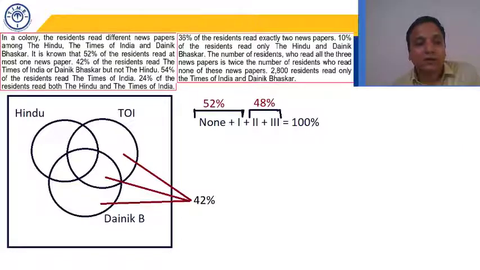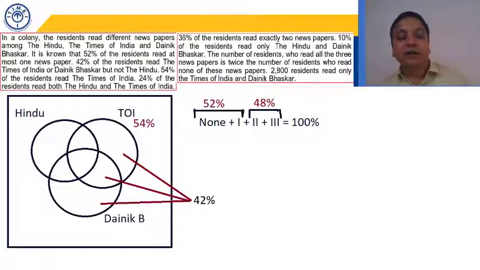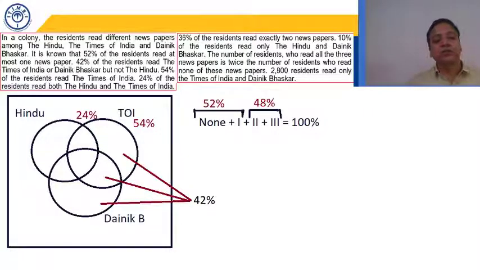Further, 54% of the residents read the Times of India. So 54% comes in the Times of India. Sure, we mark 54%. 24% of the residents read both the Hindu and Times of India. So 24 comes in this particular region common to Hindu and Times of India. That means 24 is the sum of these two regions.